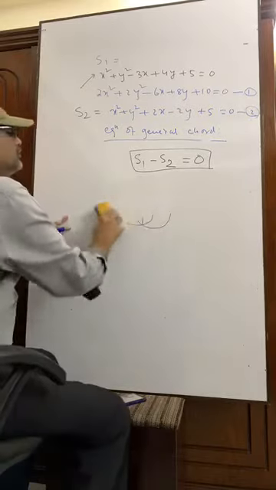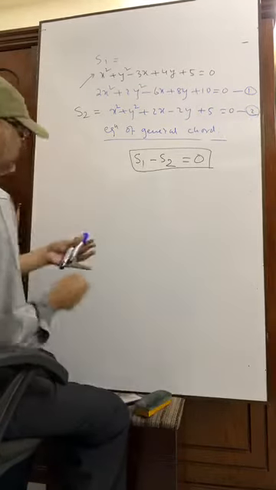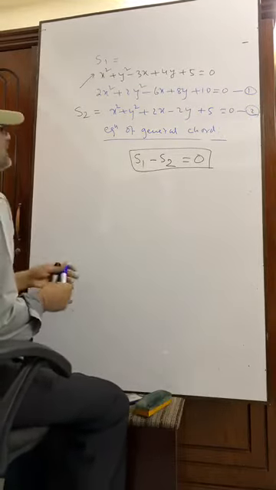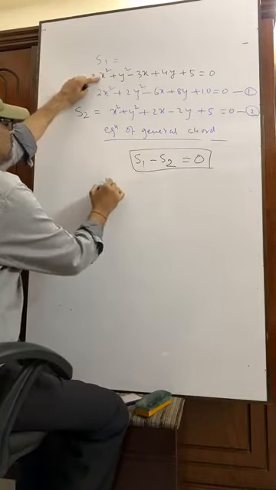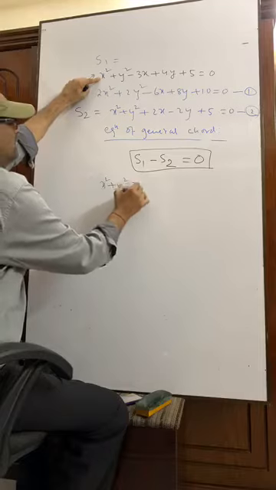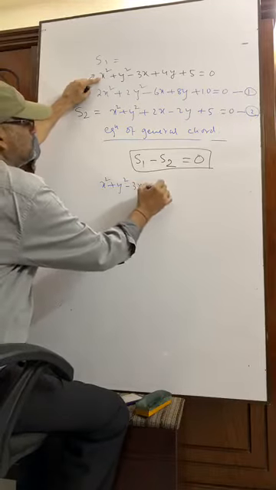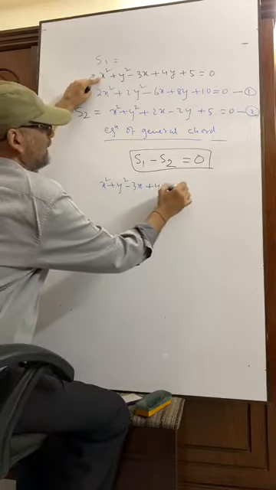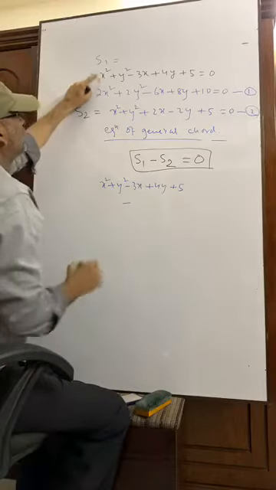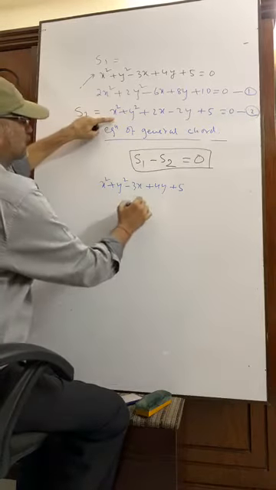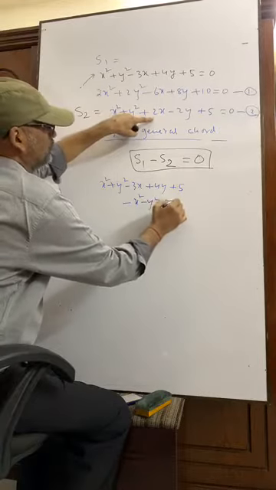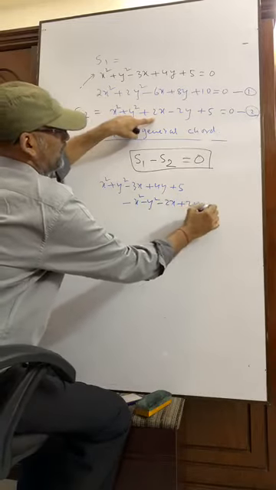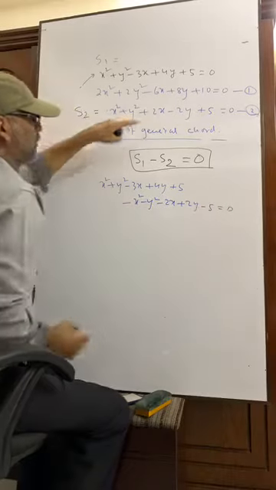So we know S1 minus S2 equals to 0. Now what is S1? S1 is x square plus y square minus 3x plus 4y plus 5. Minus S2. S2 is what? x square plus y square plus 2x minus 2y minus 5 equals to 0.